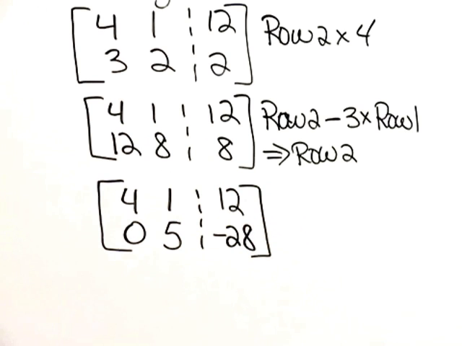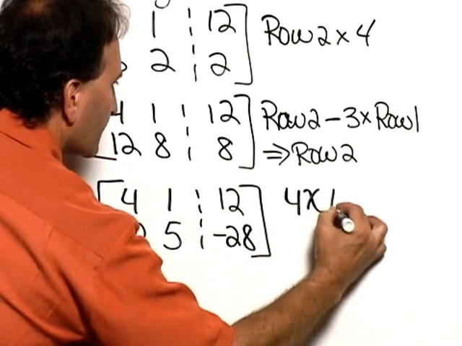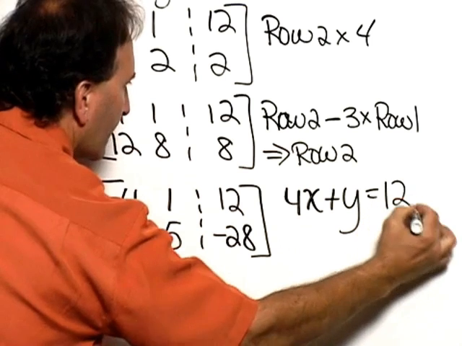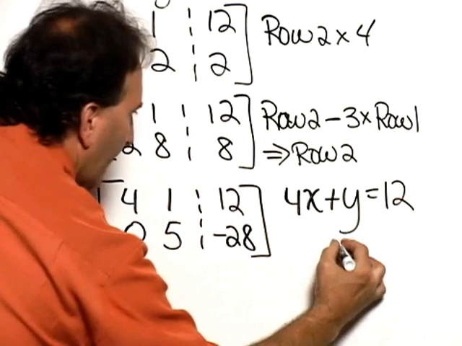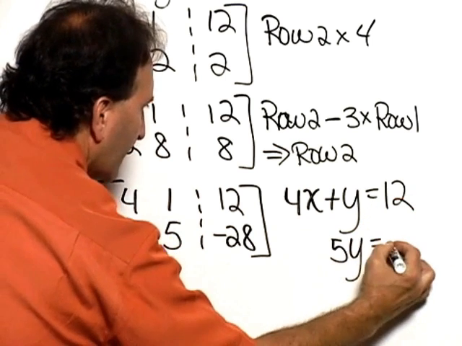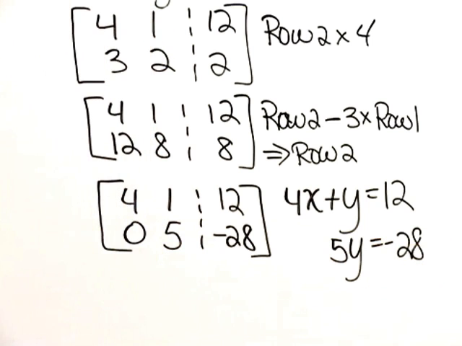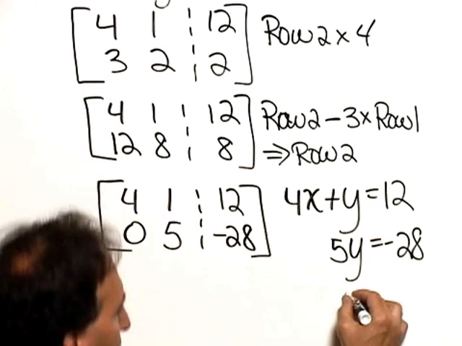Well, now that we have a 0 in this position, we have the corresponding equations 4x plus y equals 12 and 5y equals negative 28. Well, that means we can solve for y.